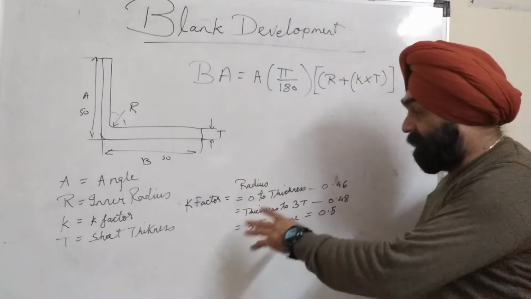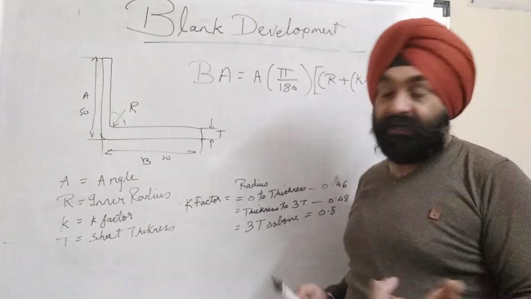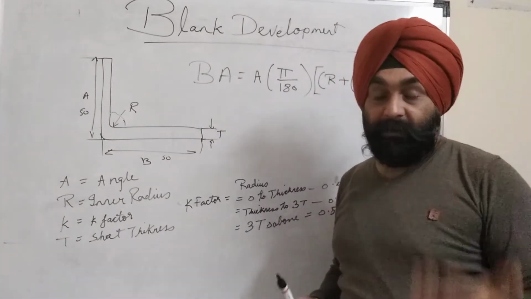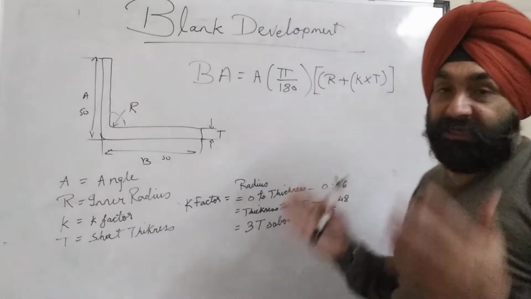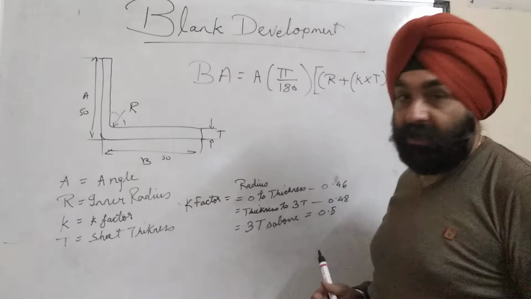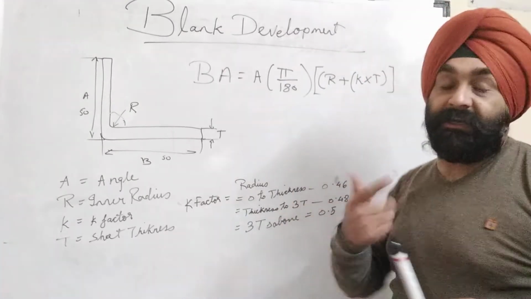The basic concept is, if you go to the standard chart of K factor for different materials like aluminium, copper, brass, mild steel, there is a big chart, it is a manufacturer's chart. You can even find it on the internet, and I will post that chart in the description box.